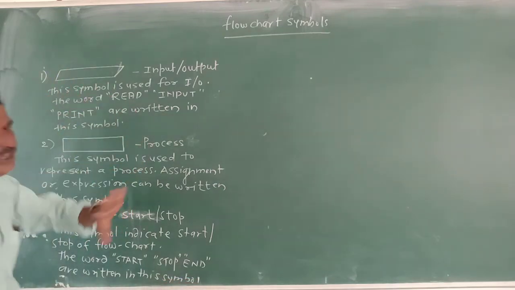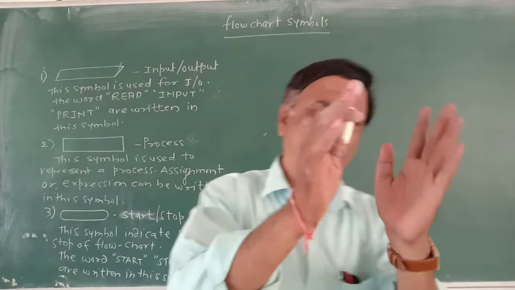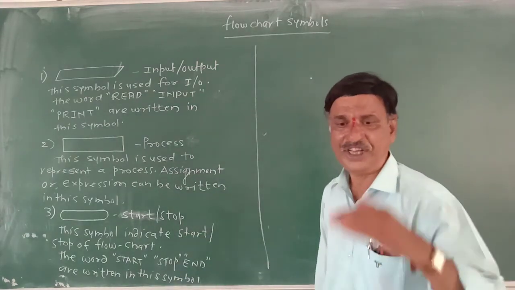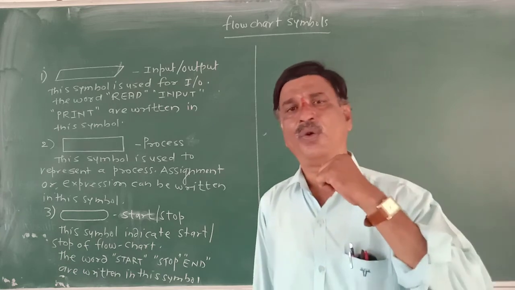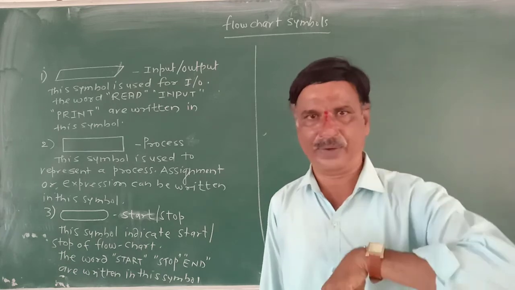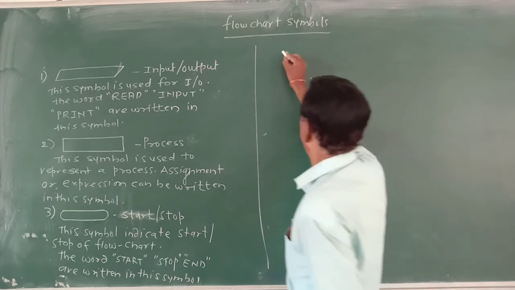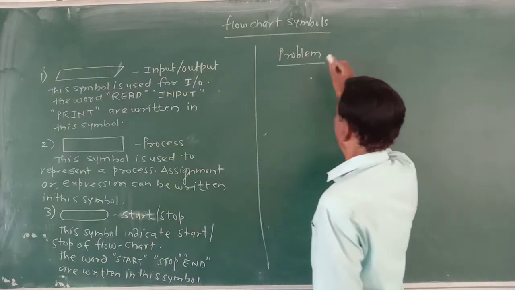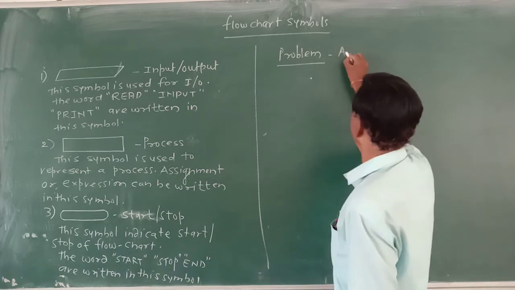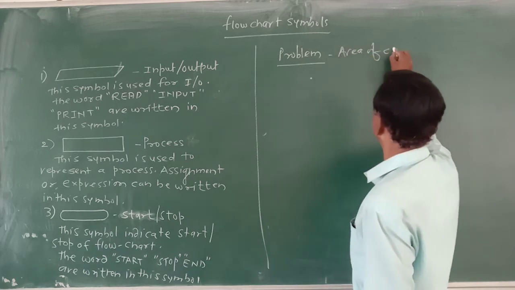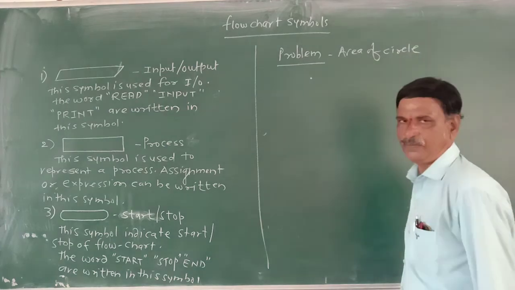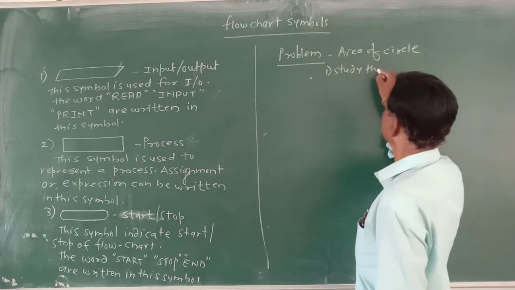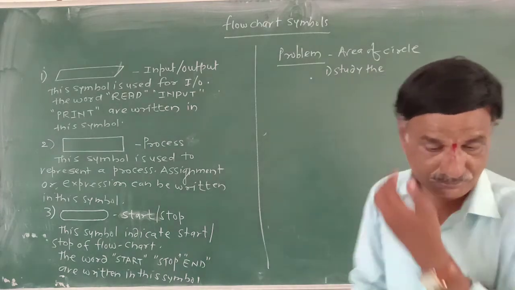Now we have seen these three symbols. Design steps are the steps written in the simplest form in our language. First, what was the problem? The problem is to find the area of a circle. Step number 1, study and understand the problem.